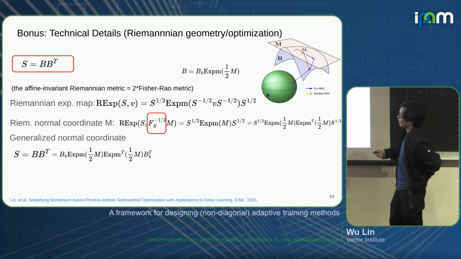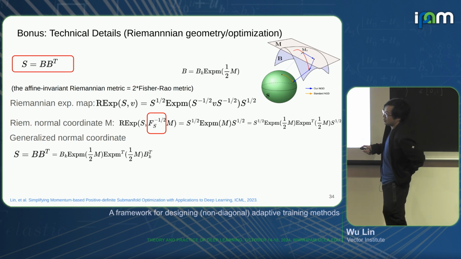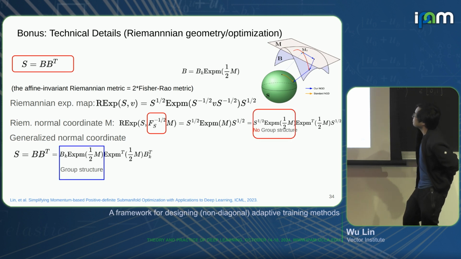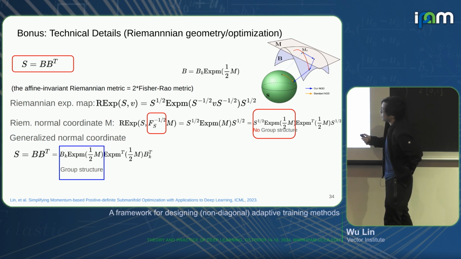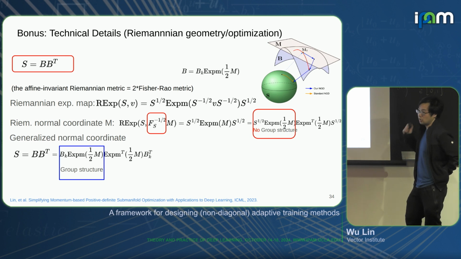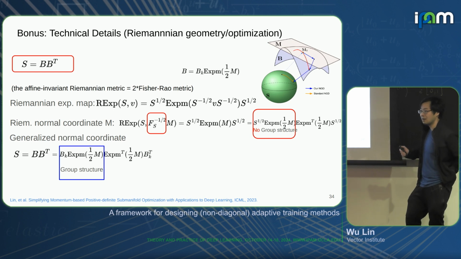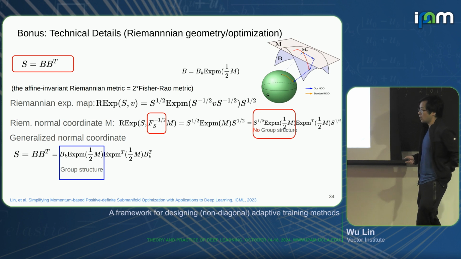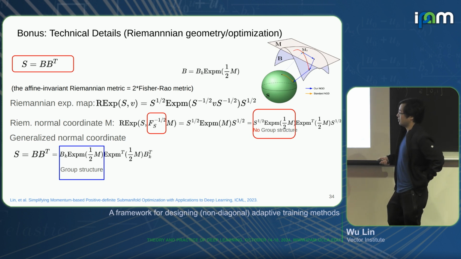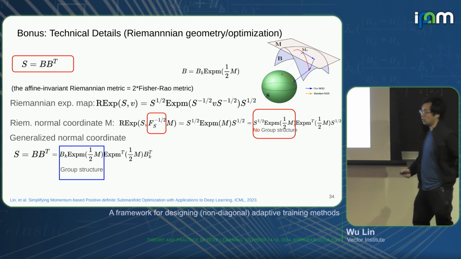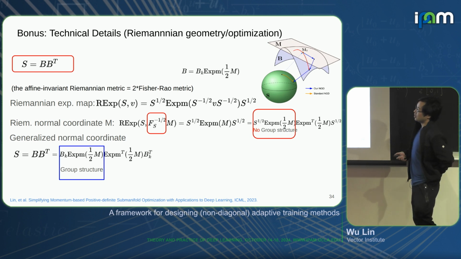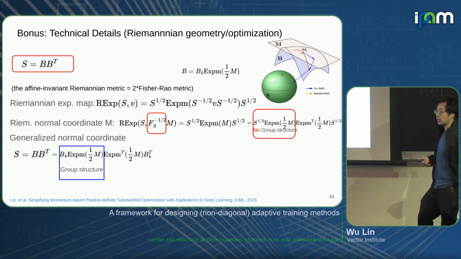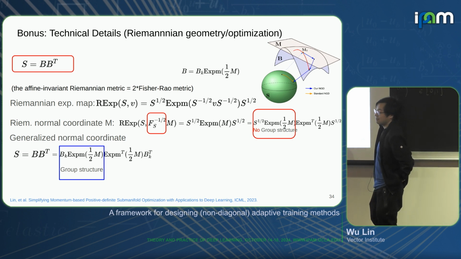And we want to use the generalized normal coordinate instead of the Riemannian normal coordinate because this is a matrix square root, which means it is a symmetric matrix. The product of 2 symmetric matrices is not going to be symmetric, which means we do not have a group structure. But if we consider the Cholesky factor, a lower triangular matrix, the product of 2 lower triangular matrices is a lower triangular matrix. So by using a generalized normal coordinate, we manually create a group structure.